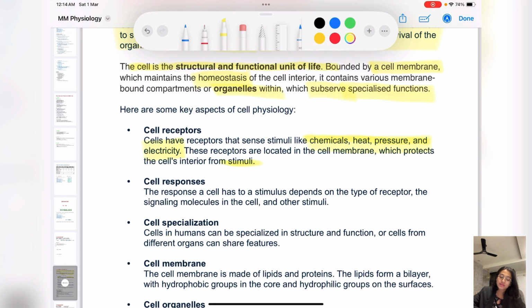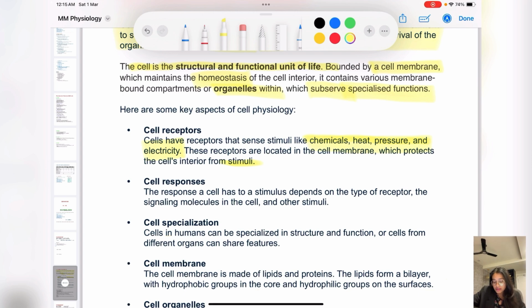The response a cell has to a stimulus depends on the type of receptor, the signaling molecules in the cell or other stimuli. Now, cell specialization.